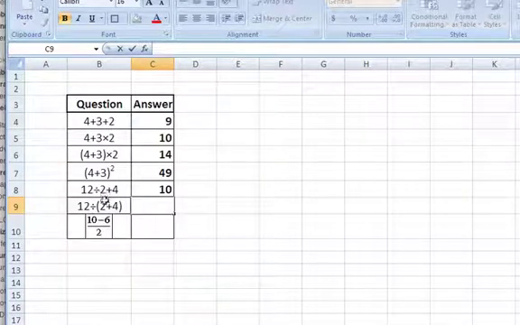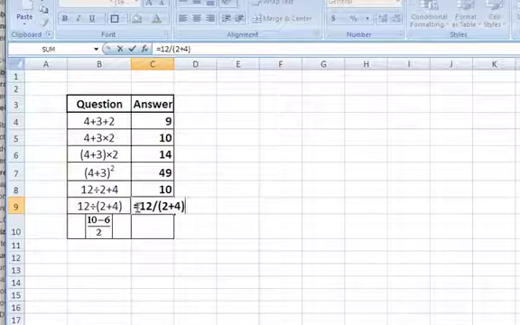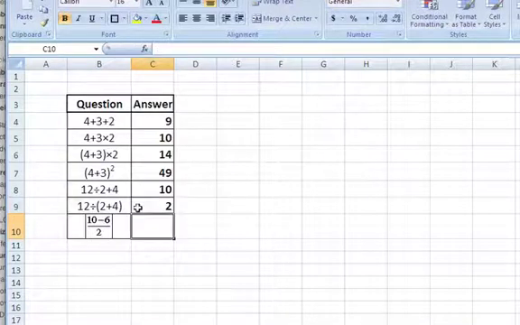It's the same question, but the 2 plus 4 is in brackets, so we have to get that done first. So we can type equals 12 divided by bracket 2 plus 4, close the bracket, and so 2 plus 4 is 6, so it'll be 12 divided by 6, which is 2.